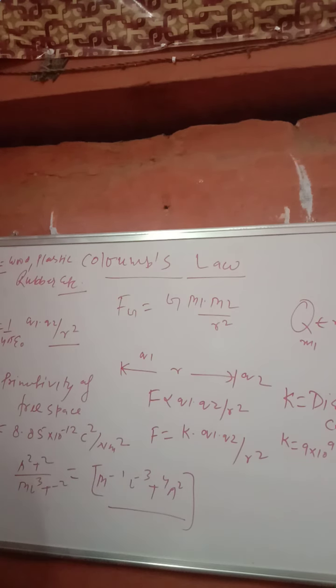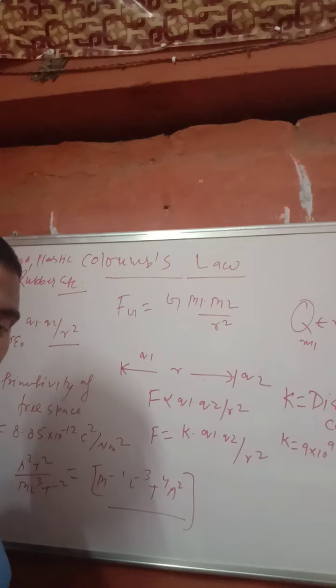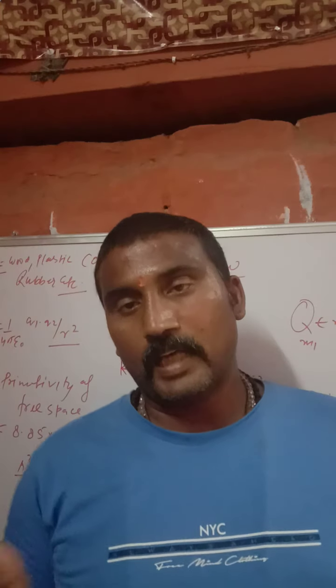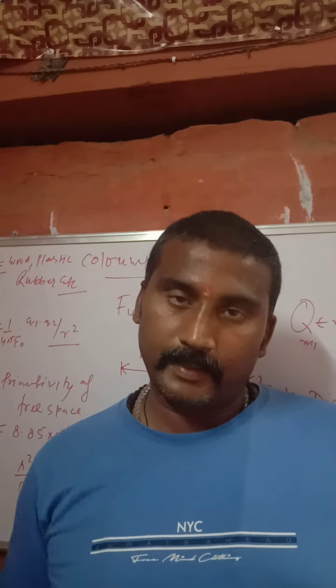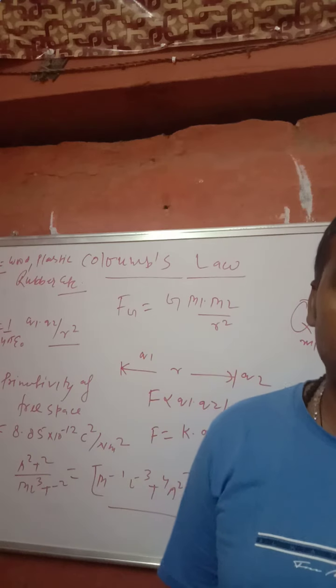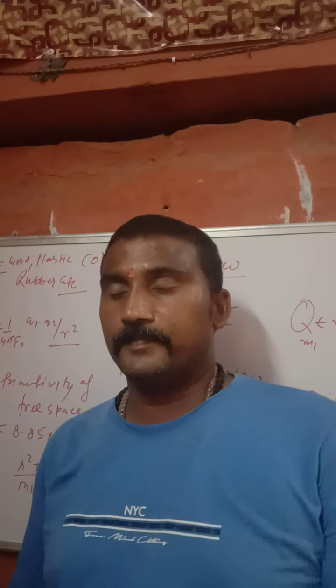So we can say Coulomb's law in easy words: when two charges, same or opposite, attract or repel each other, the force is directly proportional to the charges and inversely proportional to the square of the distance between the two charged particles.